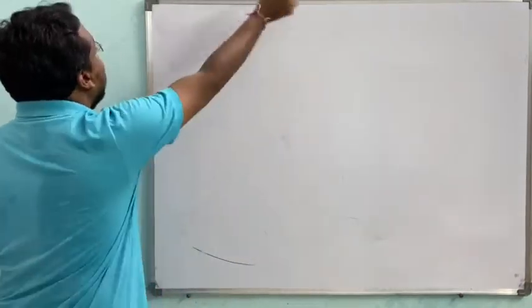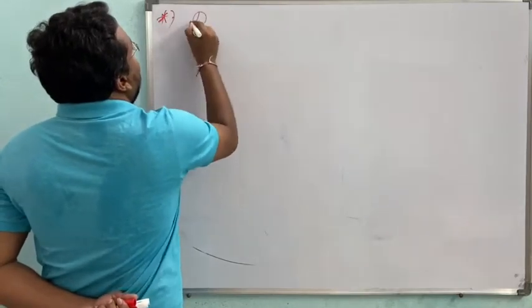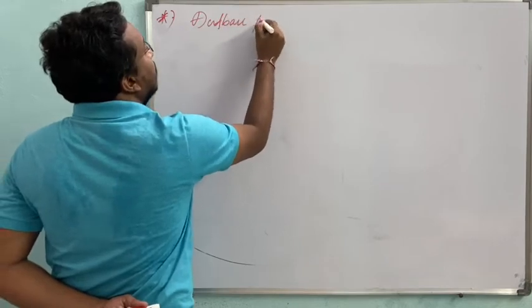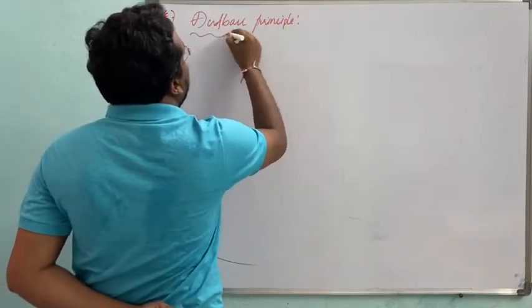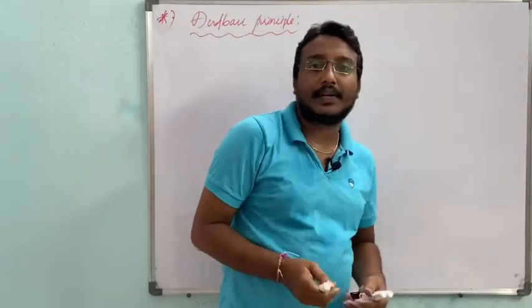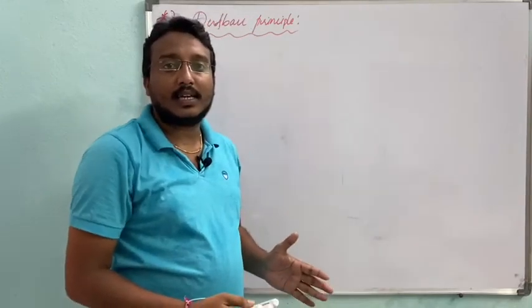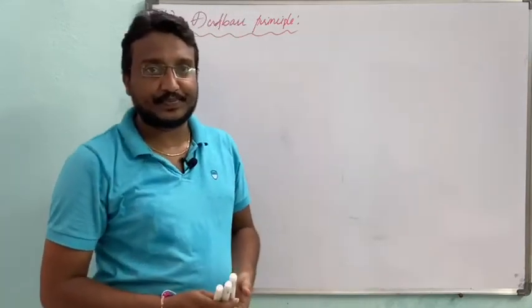This principle says the filling of electrons is in the order of increasing energy level.